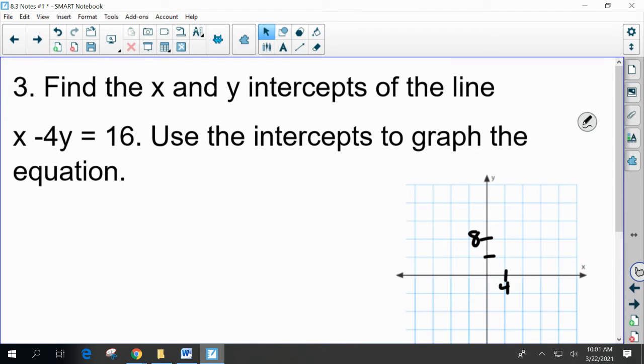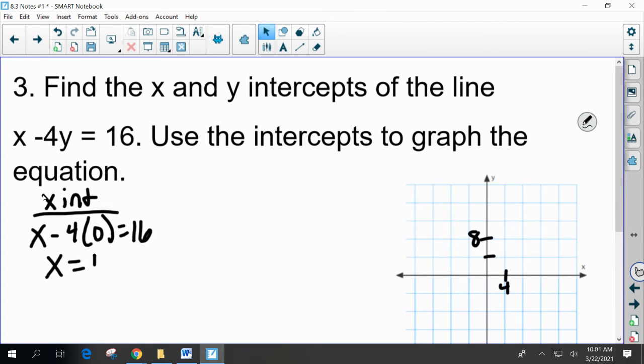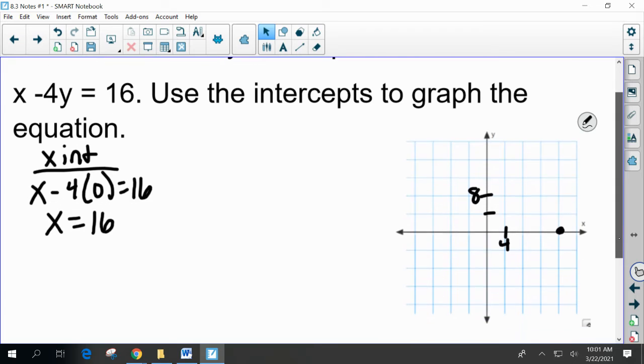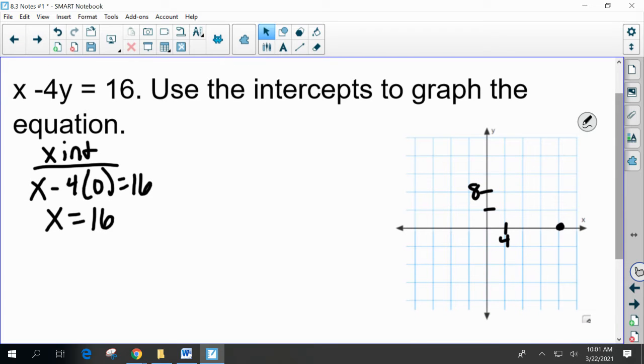All right, so for the x-intercept, I'm going to plug in 0 for y. So x minus 4 times 0 equals 16. So x would equal 16. And I'm going to put a point just 4 blocks over because I made each one worth 4.